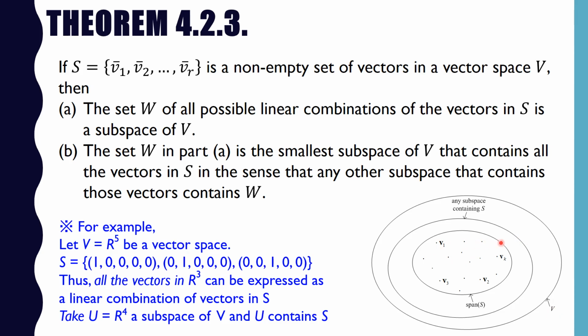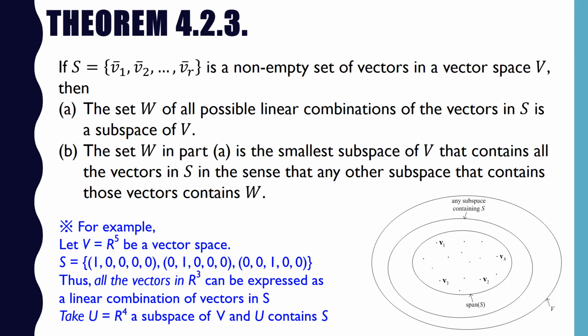So R3 is the smallest subspace that contains all the vectors in S, in the sense that any other subspace that contains those vectors contains W.